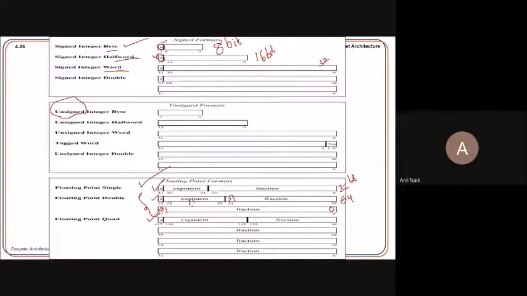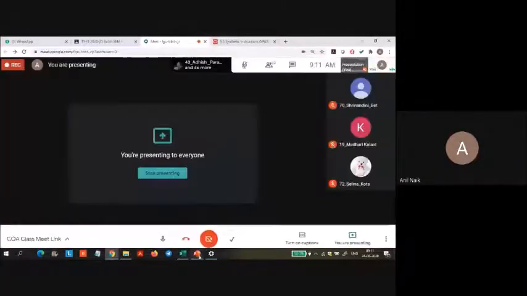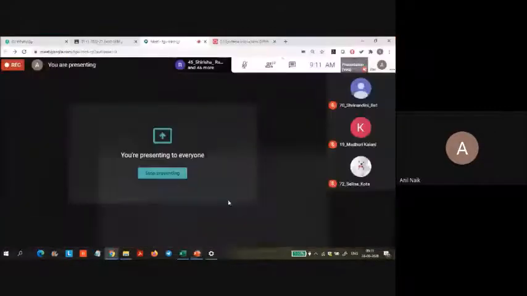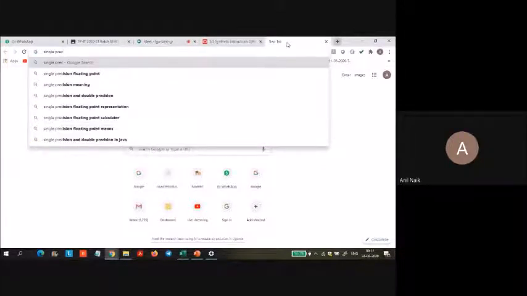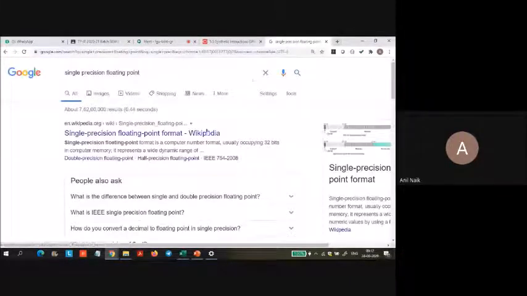Here in single precision, 23 bits for the fraction, 1 bit for the sign, and 8 bits for the exponent. So this is very important: single precision and double precision floating point.